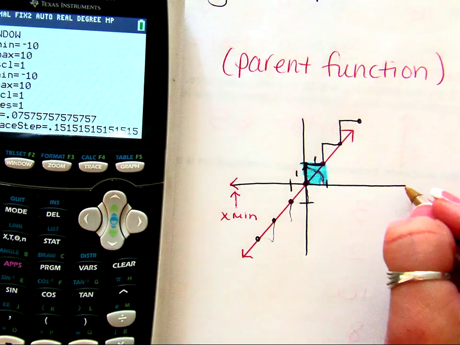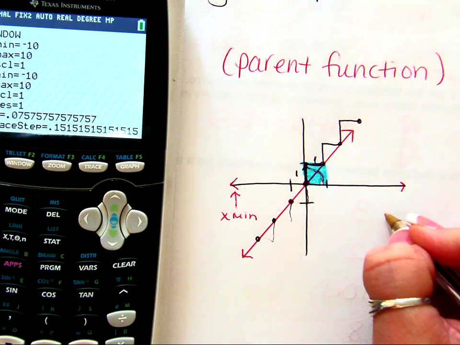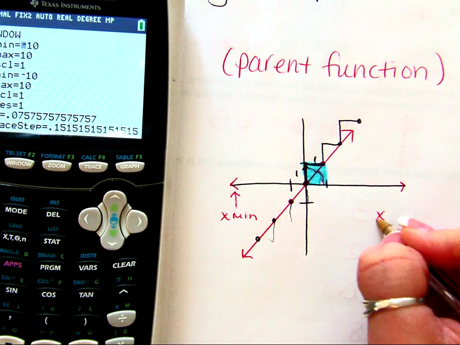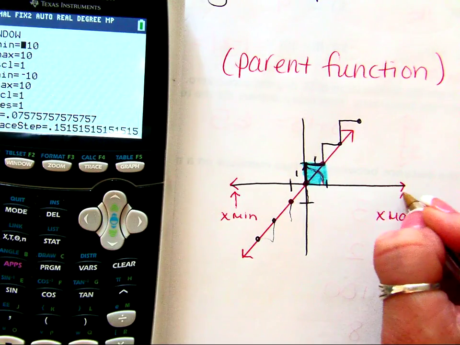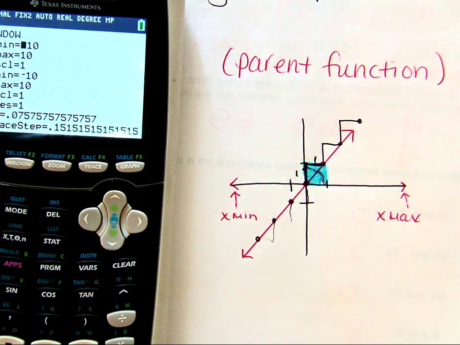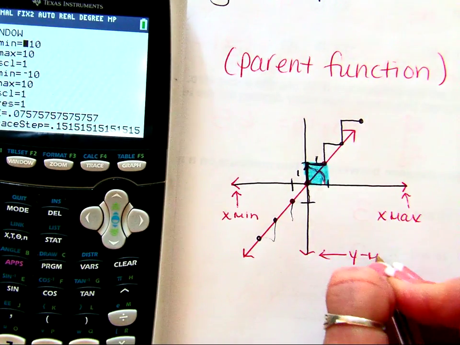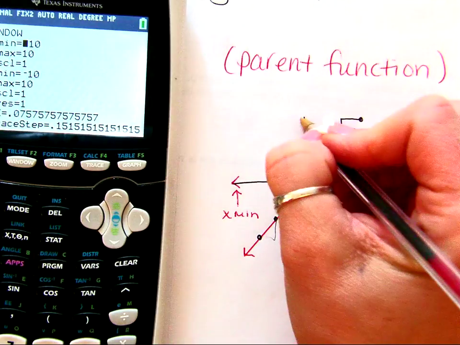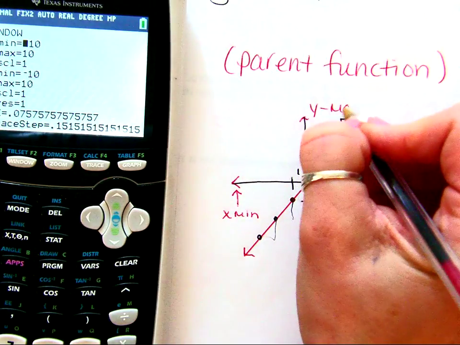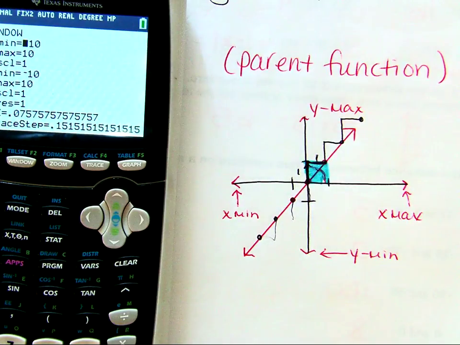How far to the right do you want your x-axis to go? So we're going to call this our x-max. Now you can probably figure out which one the y-min and the y-max is, right? So this is going to be my minimum y value, which is why we call it y-min, which would make this our y-max.